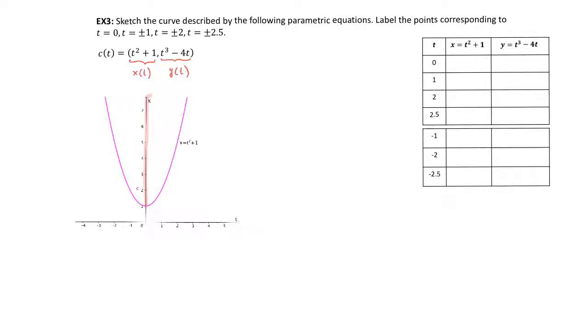So pretty much what this is telling me, and I want to make a note of that right here, is that x is going to be greater or equal than 1. So when I sketch my parametric curve, I will see that the domain of that curve will be all x values that are greater or equal to 1.